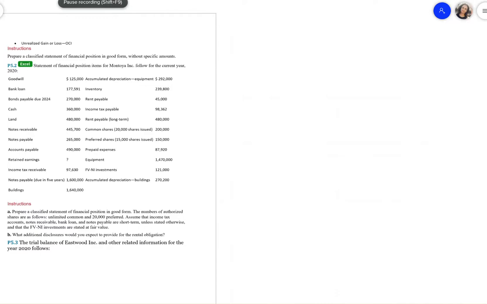When you're doing it, you start with the name of the company, and the name of the company is Montoya Inc. What type of statement are we completing? Statement of financial position. And then what is the date? The date is December 31st, 2020.